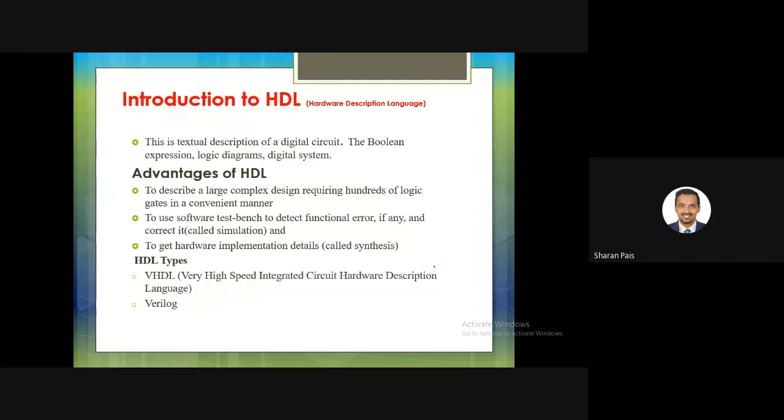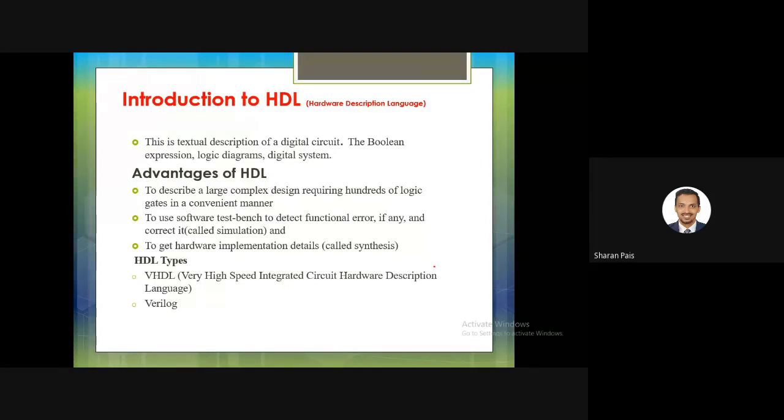You give virtual waveform signals, high and low values, plus 5 volt, 12 volt, minus voltages, in a simulator, and the simulator will tell you how it works and how the output comes. You do those things in Xilinx or Multisim.